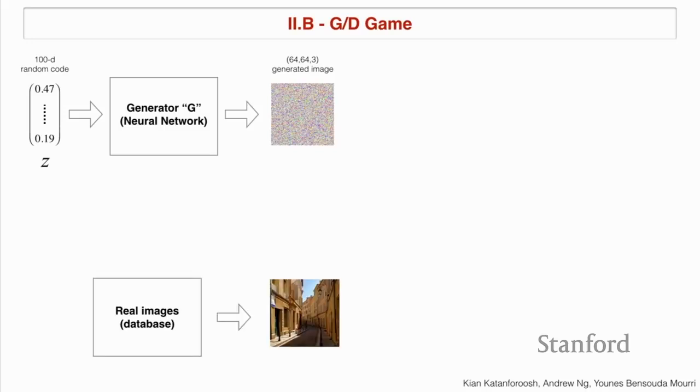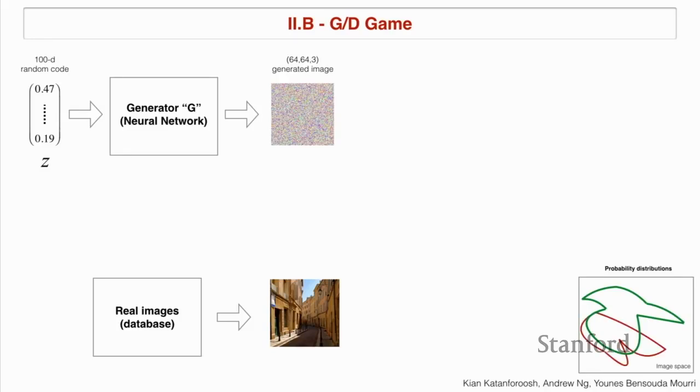We have a database of real images, and we're going to start with this distribution on the bottom, which is the real world data distribution. It's the distribution of the images in this database. Now, our generator has this distribution initially. It means the pixels that you see here probably follow a distribution that doesn't match the real world.